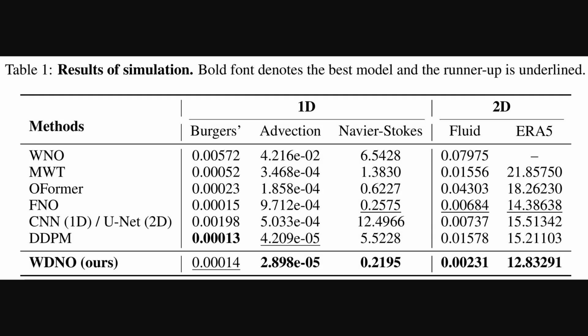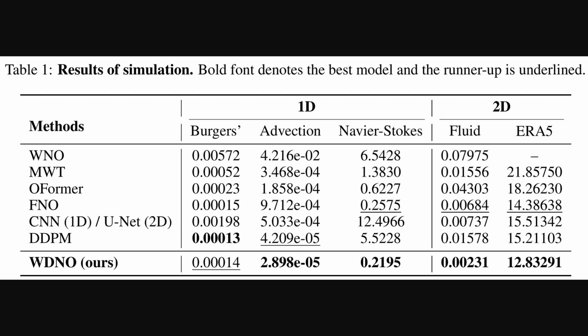Alright, so building on that framework, this table shows us the actual simulation results. It compares WDNO against several other methods on different fluid dynamics problems, both 1D and 2D, plus the ERA5 real-world dataset.